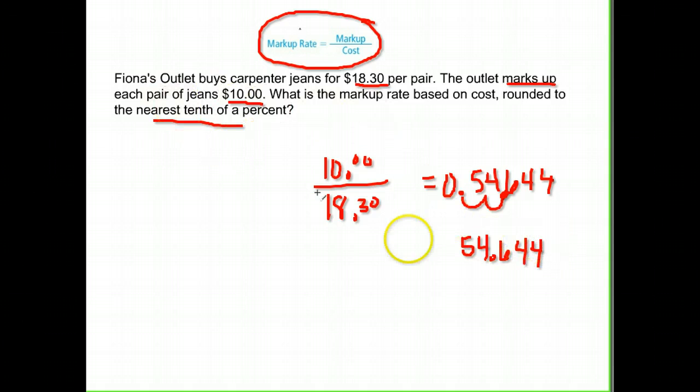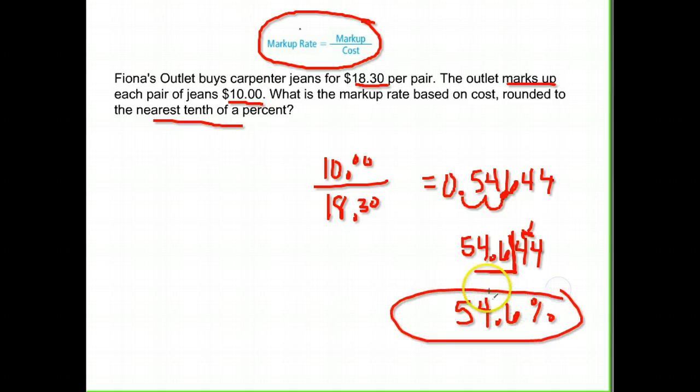They wanted it rounded to the nearest tenth. The tenth is one number after the decimal, so we're cutting our answer off right here. 4 is smaller than 5, so I do not round up. I just stay at 54.6%. So these jeans had a markup of 54.6%.